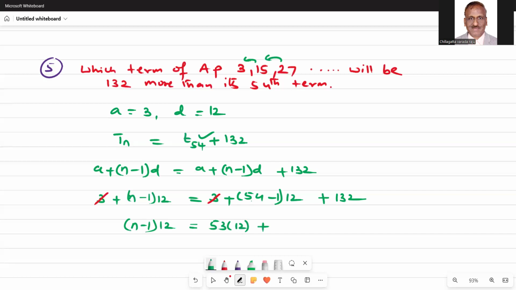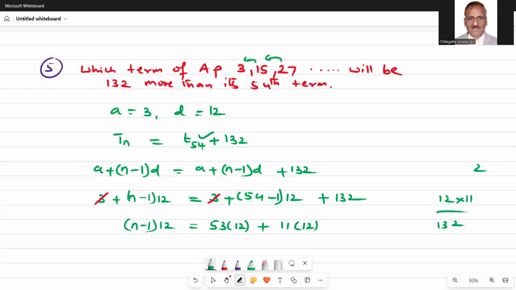Shall I write 132 as 12 into 11 or 11 into 12? We can write it as 12 11s are 132 only, no? If you want, you can multiply it here: 12 into 11. 11 2s are 22, 2 carry, 11 ones are 11 plus 2, 13.